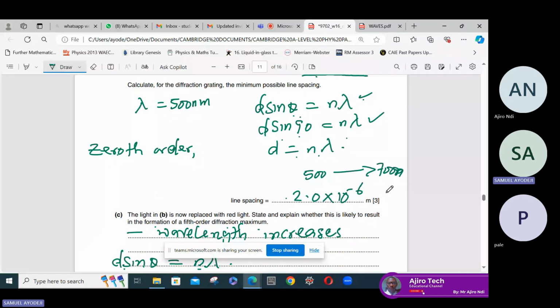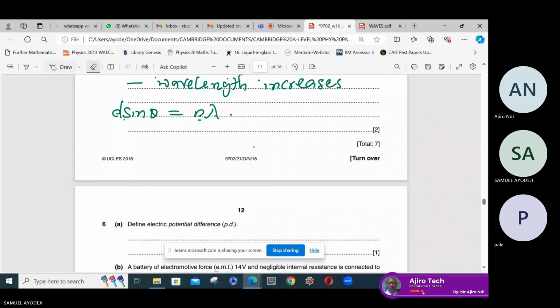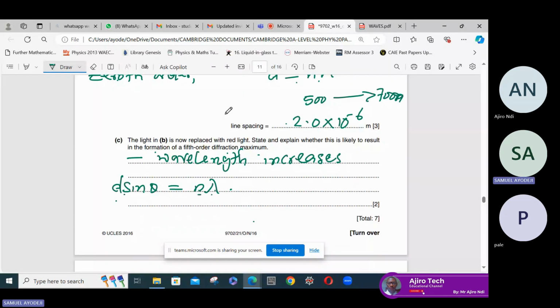I use it here first to look for theta. When you get theta, we will find out whether it is possible or not. Put the value of wavelength, converted to meters: 700 times 10 to the power minus 9 meter.